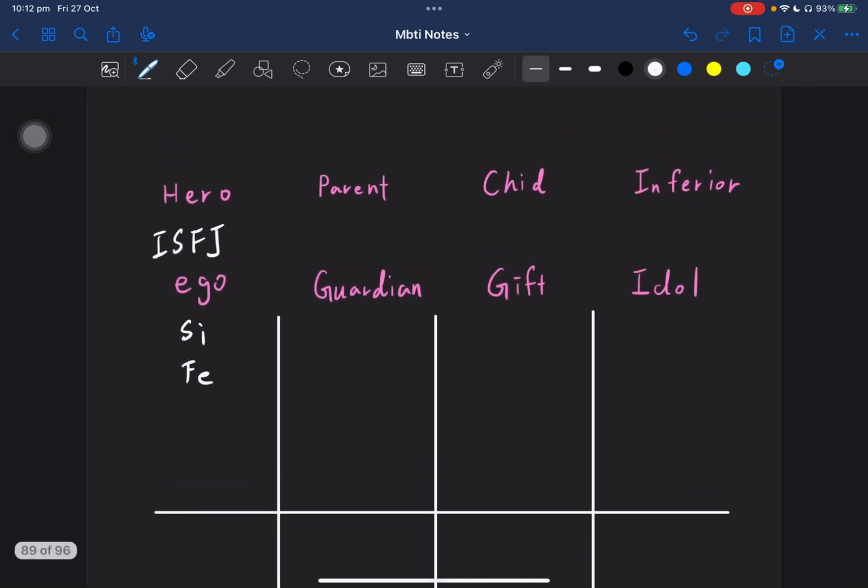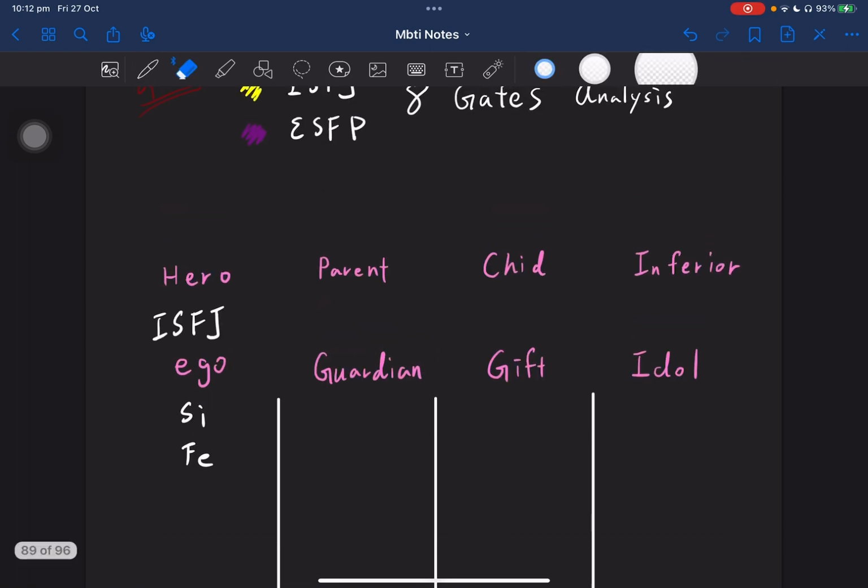Basically, if you know their type code, you can get their hero and parent cognitive functions. From that, you can know the child and inferior by using the cognitive axis.